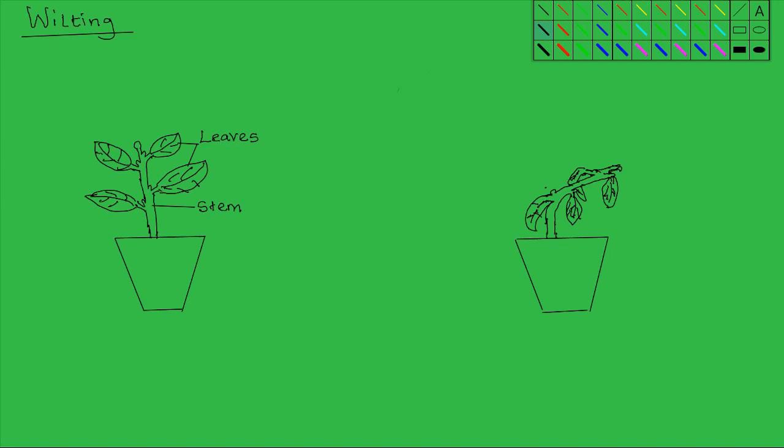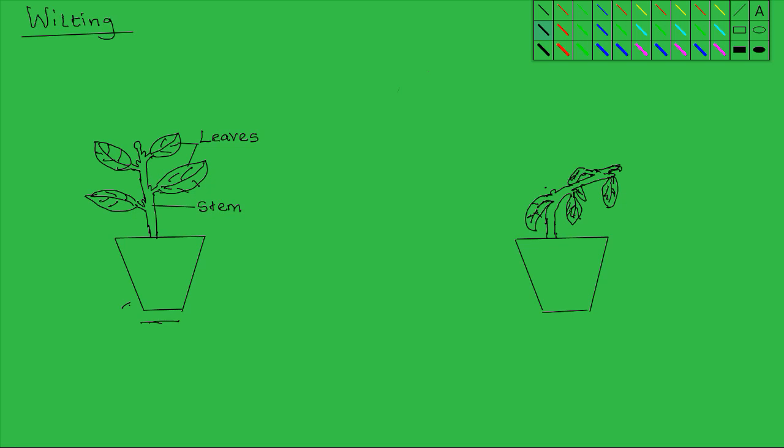But when the plant loses more water than it can replace, the cells become flaccid. And when the cells become flaccid, the tissues and the organs lose their support, and what results is the drooping of the stem, and leaves go limp and fold, and this plant is said to be wilted.